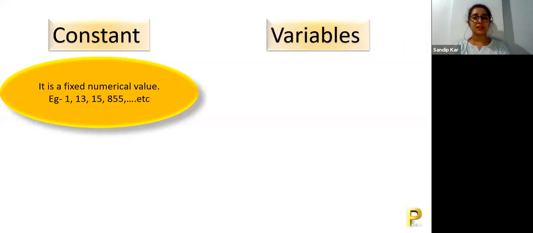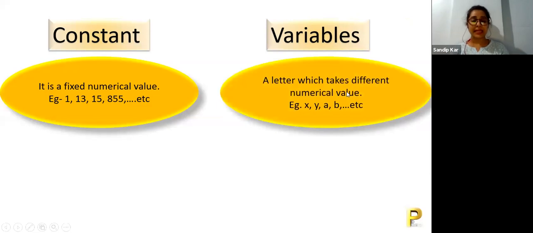Let's talk about the second part, the variables. What does a variable mean? A variable is a letter which takes different numerical values. If you talk about a constant, if 1 is a number, it is 1 throughout the question. It is not going to change anywhere in the question or the solution.